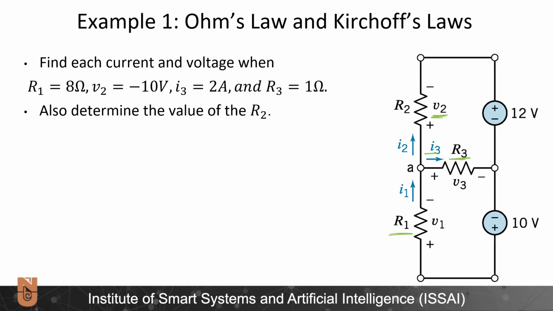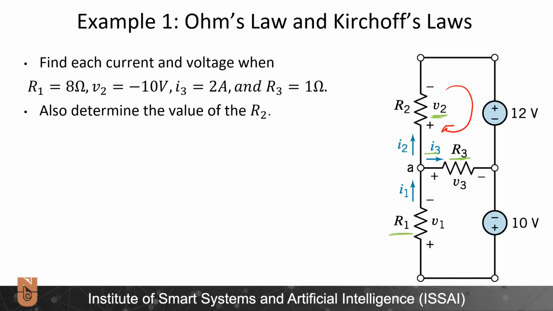So we need to start writing Kirchhoff's voltage law and Kirchhoff's current law equations. Let me start from this upper loop because I know the supply voltage, 12 volts. I know the value of V2. The only unknown is V3. Let's write and see whether we will be able to find V3 here.